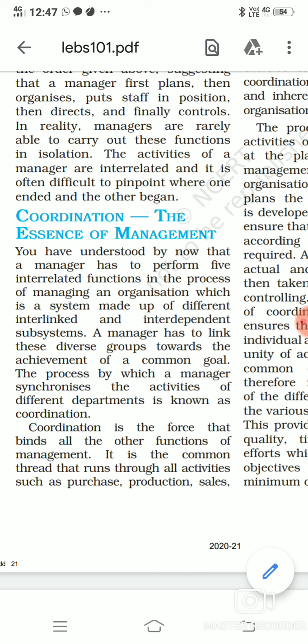Okay, so once the organizing has been done, we reach the third function, and the third function is staffing. Now I'm just taking an example here. I have a business. I have decided what should be my target, what should be my production quantity, what kind of product I should be producing, what the different things are which should be done in my business.